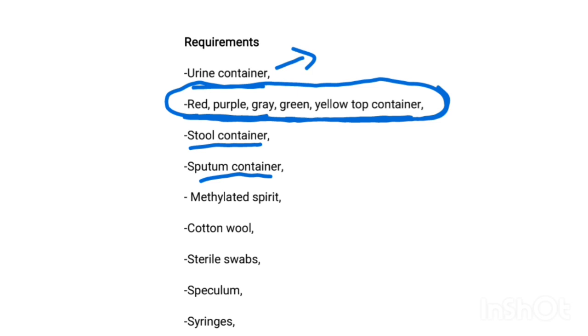We need to have methylated spirit for disinfecting the environment and the place where you're collecting the sample, for example, the blood sample. We need to have cotton wool and a sterile swab. We need to have a speculum.